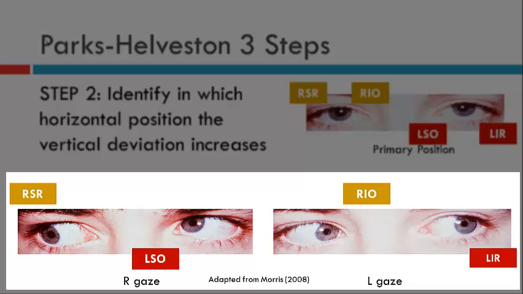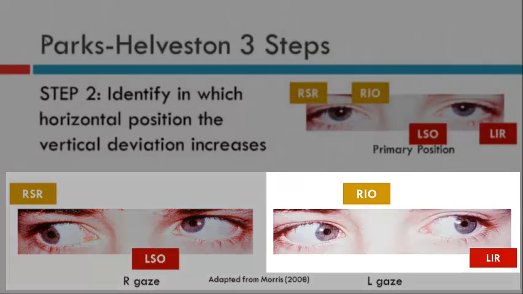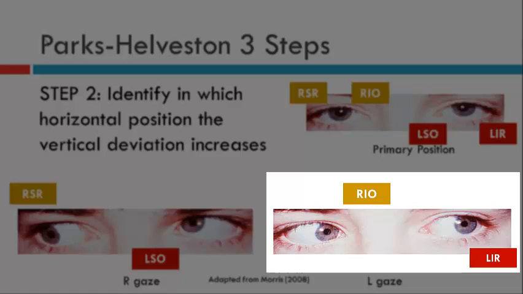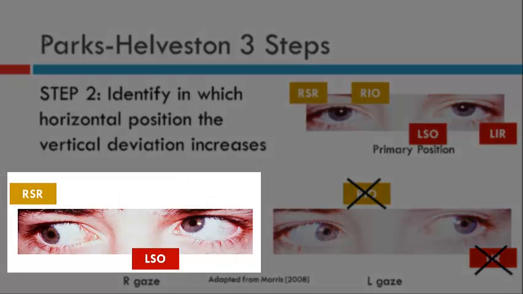This means that the vertical muscles that we suspected, which work in left gaze, can be eliminated. So these now are off the table, so to speak, and are considered to be unaffected muscles, which leaves us with the right superior rectus and left superior oblique as potentially the affected muscles.